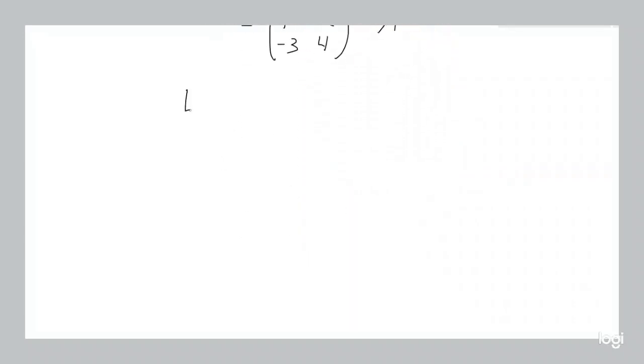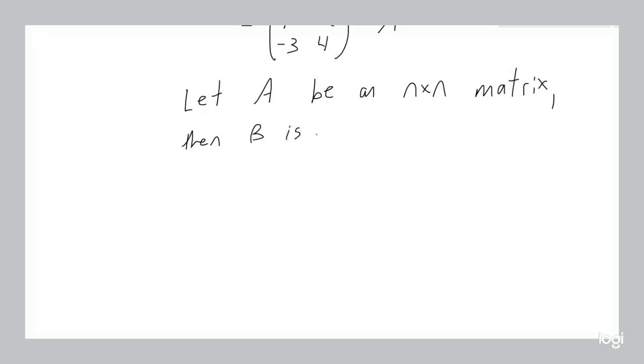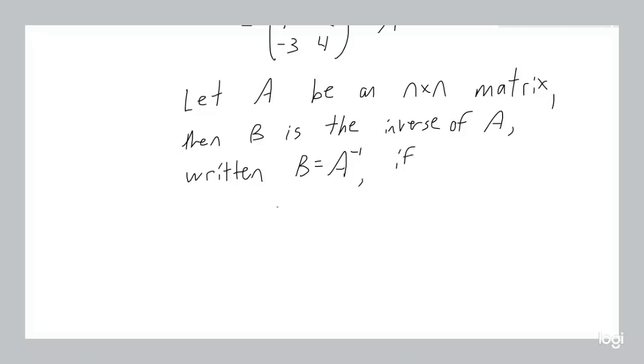Okay, so if we let A be an n by n matrix, then B is the inverse of A, written A with an exponent negative 1 there, if B multiplied by A equals the identity matrix, and A multiplied by B equals the identity matrix.